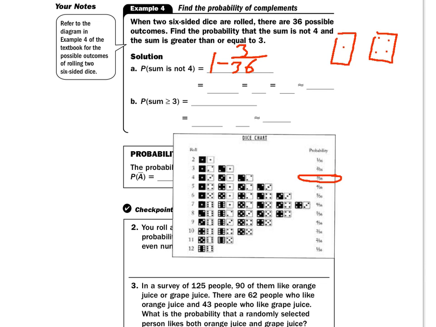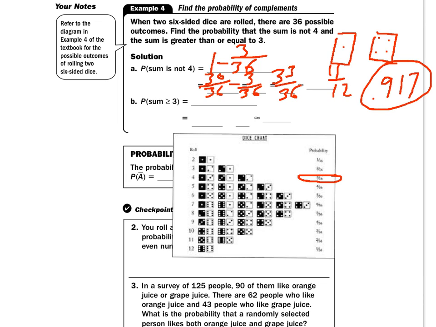Or if you call the 1 36 over 36, minus 3 out of 36, you'd get 33 over 36. And if you reduce that, you'd get 11/12, or 0.917. Okay?